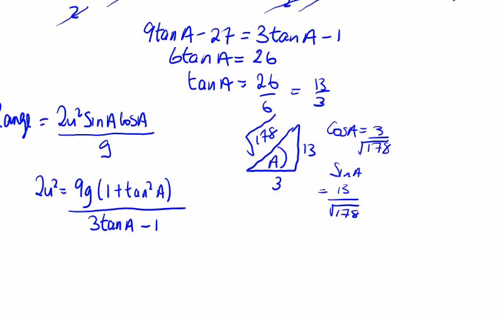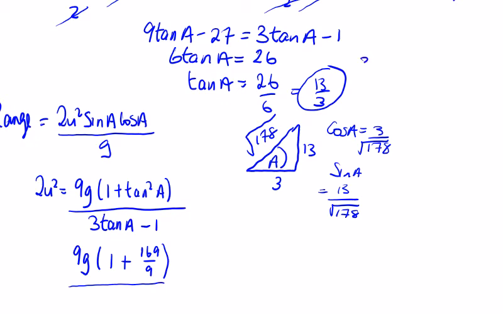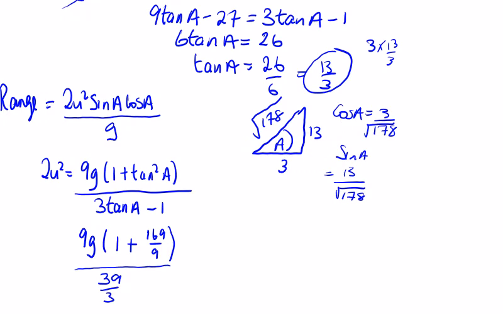Okay, let's fill these values in. We've got 9g times 1 plus tan squared a, that's tan squared a, 169 over 9, divided by 3 times the tan of a, 3 by 13 over 3 is 39 over 3, minus 1.